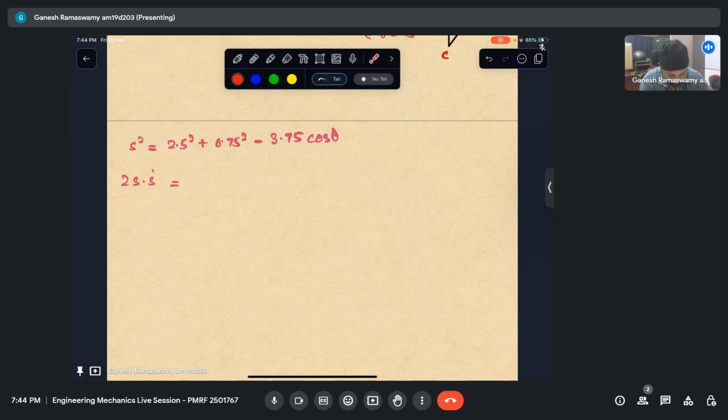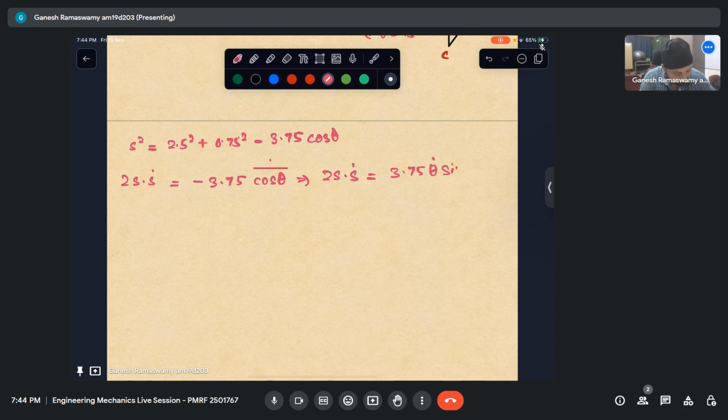Their derivatives are 0. So minus 3.75 into cos theta dot. I'm yet to take the derivative of that. So this will give me 2s s dot is equal to 3.75 theta dot sine theta.